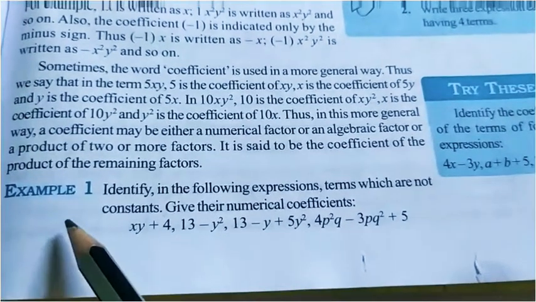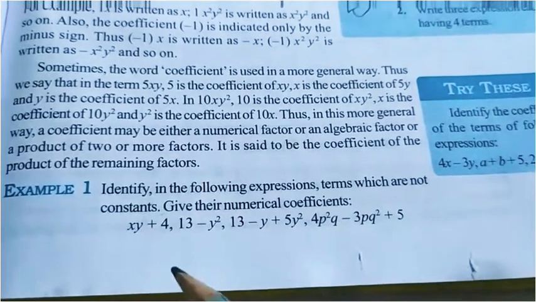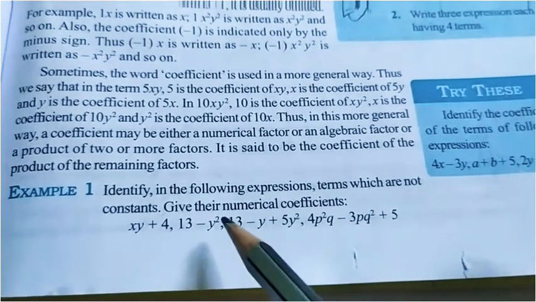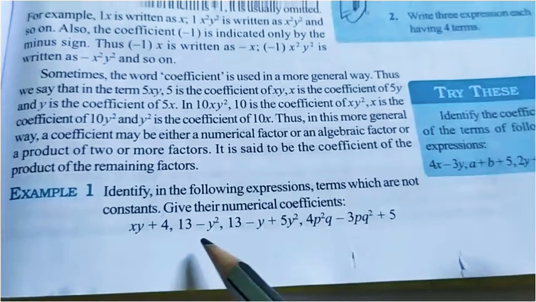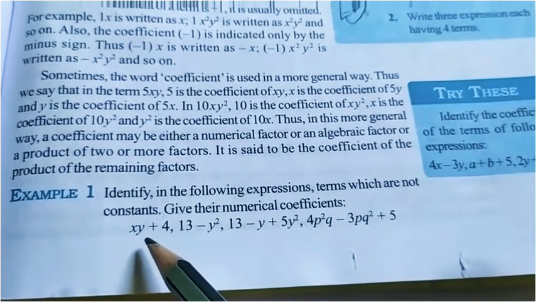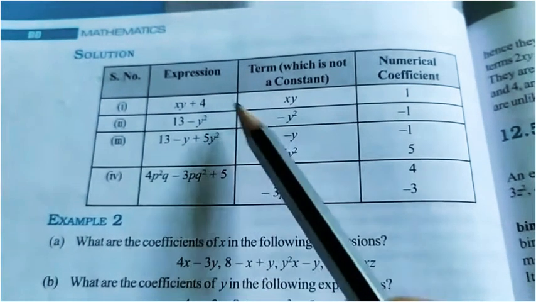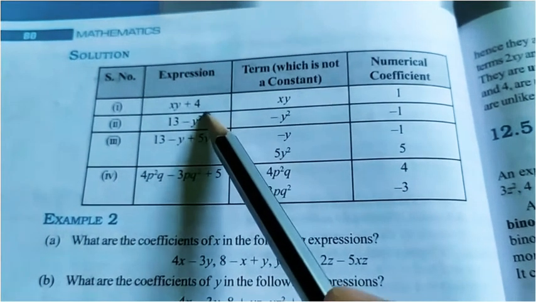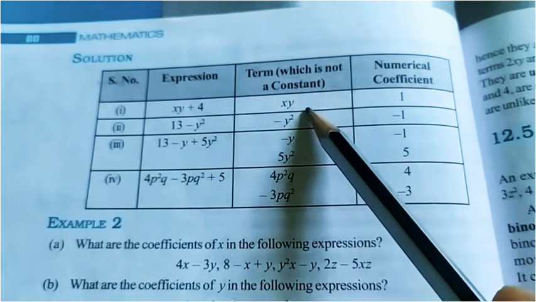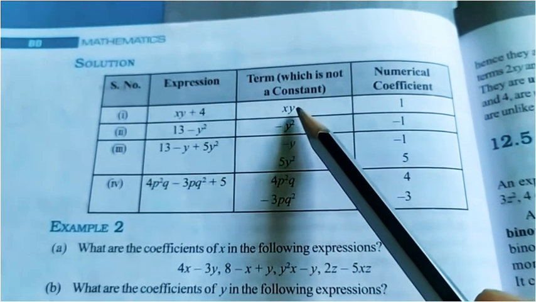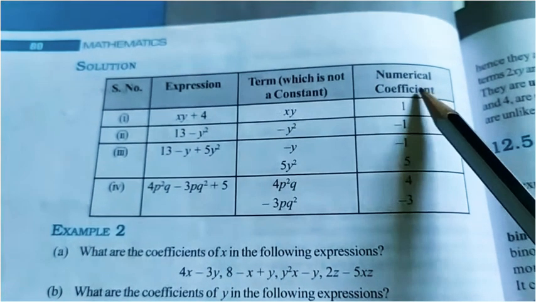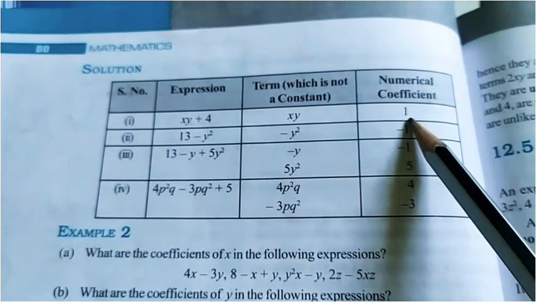Once you go through example number 1, they have given some expressions and you have to write the numerical coefficients and separately the terms. See here they made a table: first the expression, then the terms not having constants, and then the numerical coefficients.